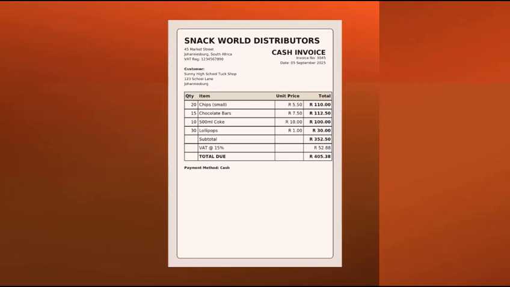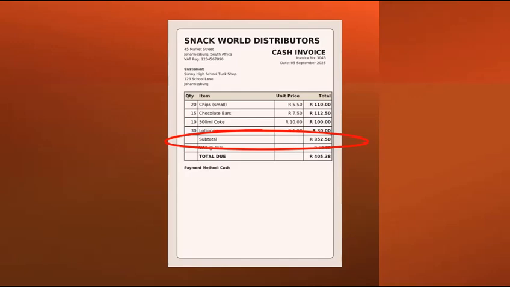So we are only going to pay the government the difference between the value added tax we charge on our sales and the value added tax that we can claim back on our purchases. So our inventory will only cost us what is recorded on the invoice as the subtotal.